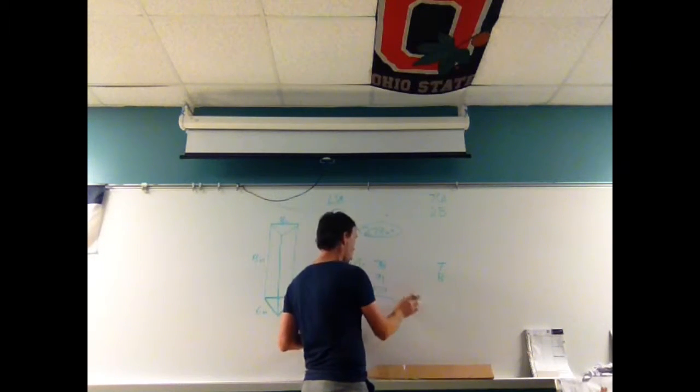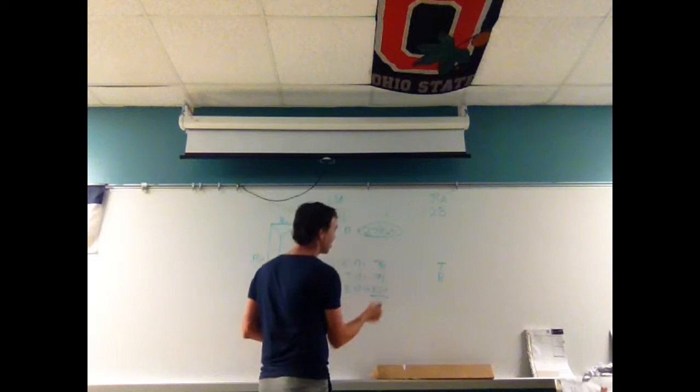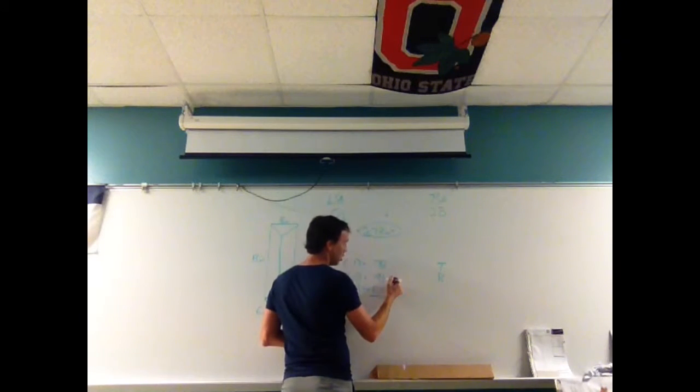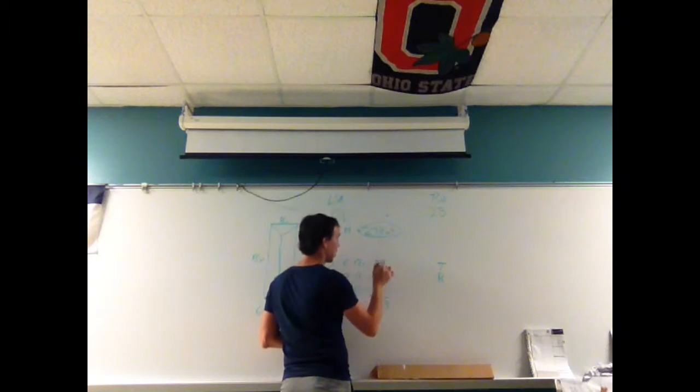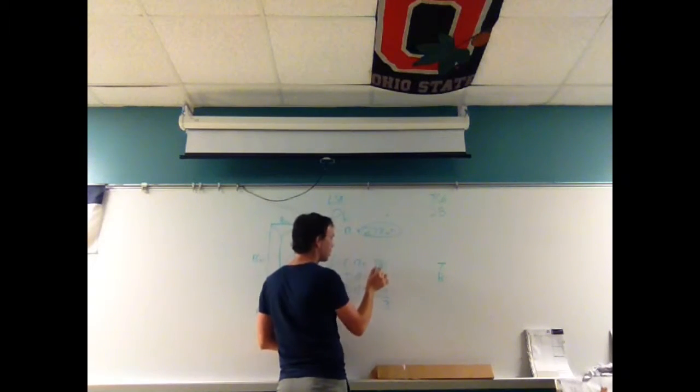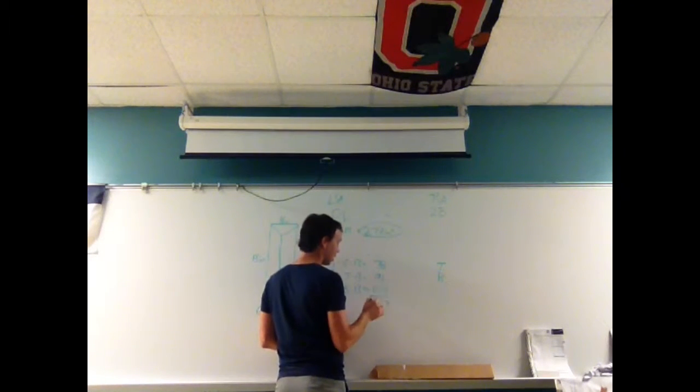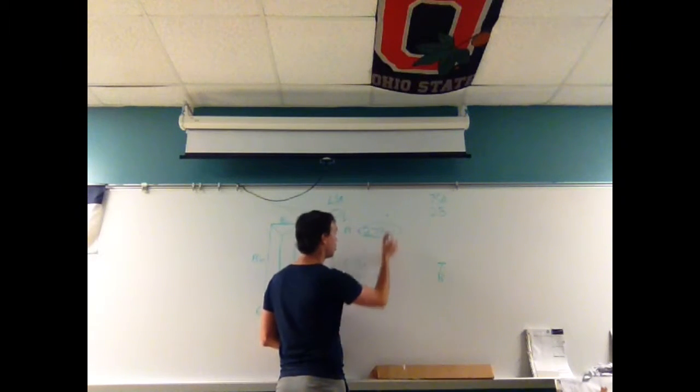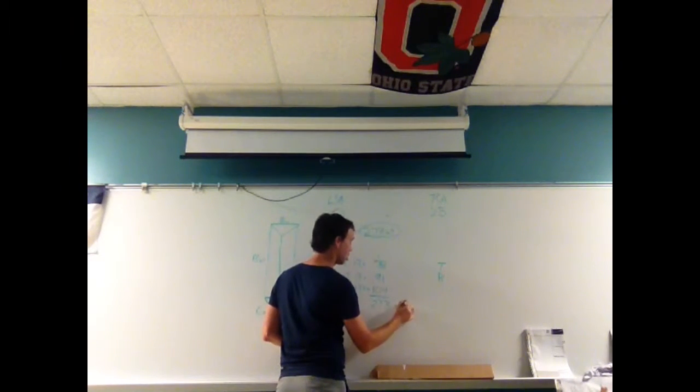Now, if I add these three answers up, 8 plus 1 is 9, plus 4 is 13. Carry the 1. 7 plus 1 is 8, plus 9 is 17, and I carry the 1. 1 plus 1 is 2. There again is my 273 inches squared.